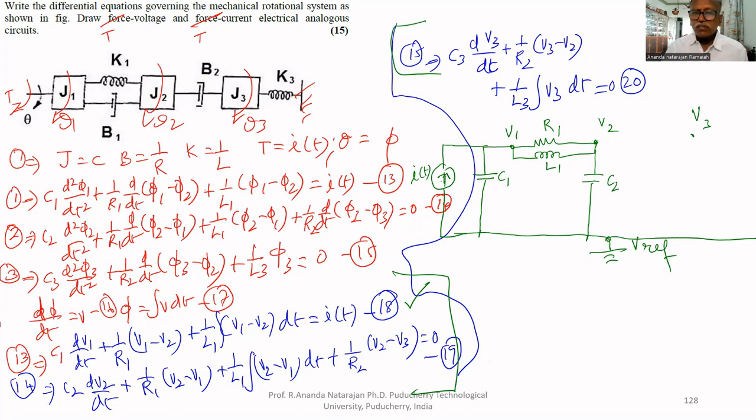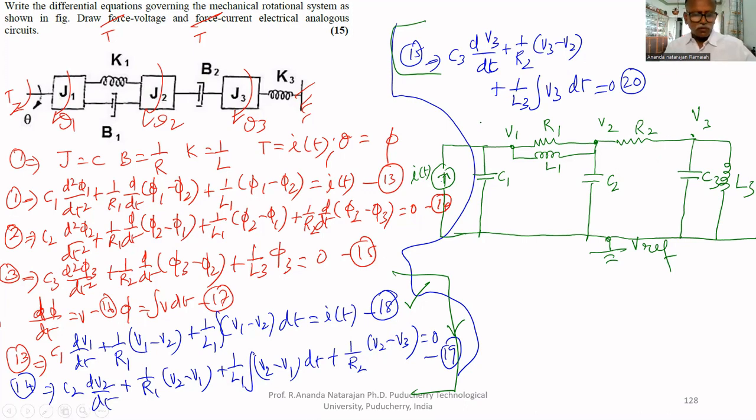R2 is between V2 and V3. That's all about the 19th equation. For the 20th equation, C3 is between V3 and the reference, R2 is between V2 and V3, and L3 is between V3 and ground. That's all.